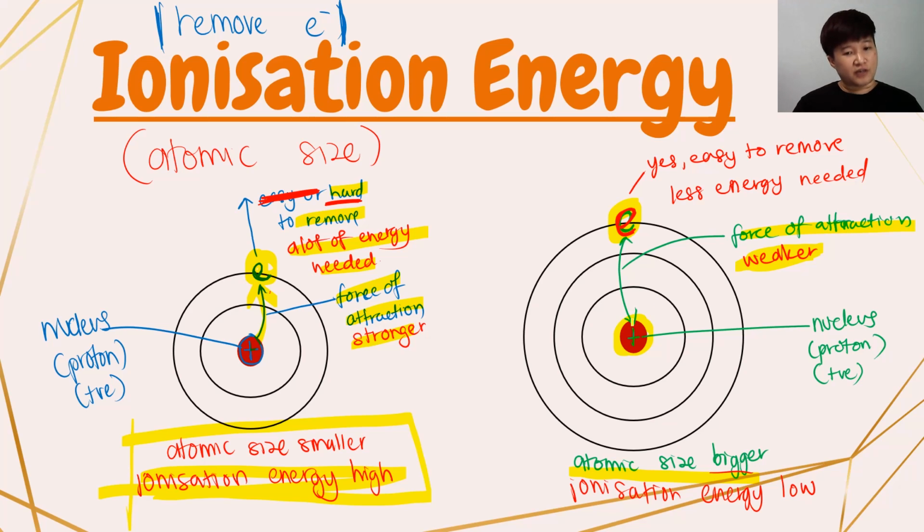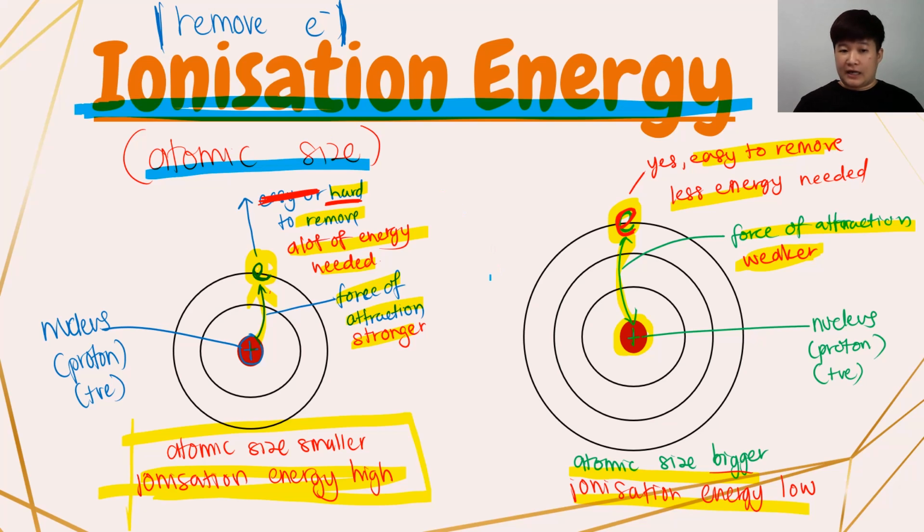When the force of attraction is very weak, then this electron is very easy to be removed. When it's very easy to be removed, then you only need a small amount of energy. Therefore, when the atomic size is bigger, ionization energy is lower. And that is how atomic size is affecting your ionization energy.